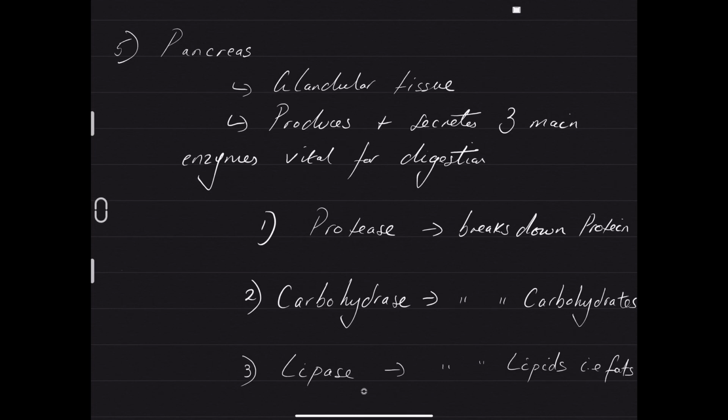Now, what I want you to take note of, each enzyme, you can see here, and I mentioned this before when we talked about amylase, it's another type of enzyme that breaks down a specific type of carbohydrate. Here you have each enzyme ending in ASE.